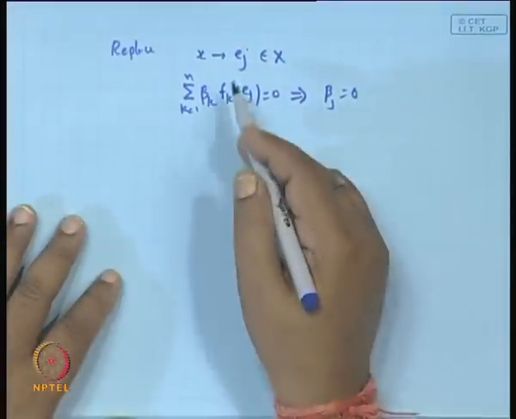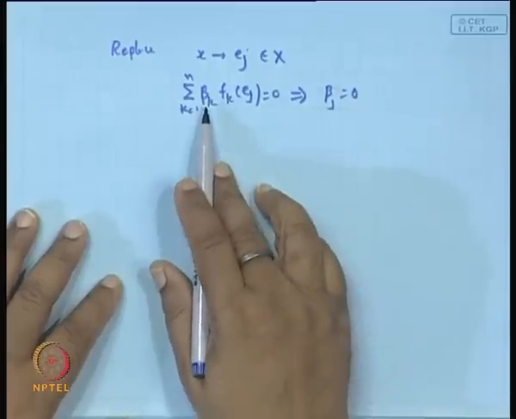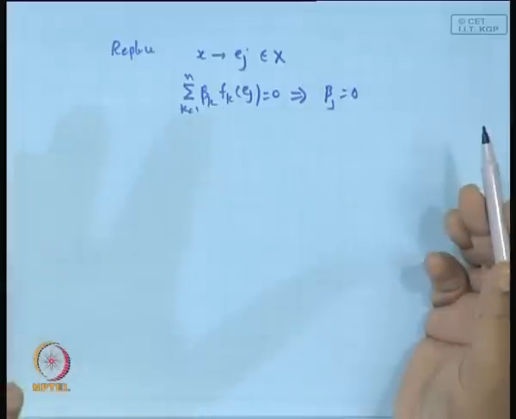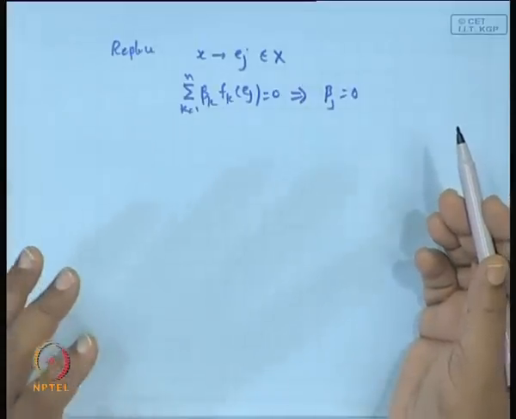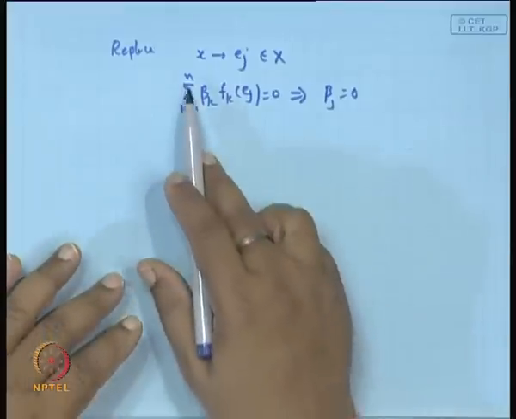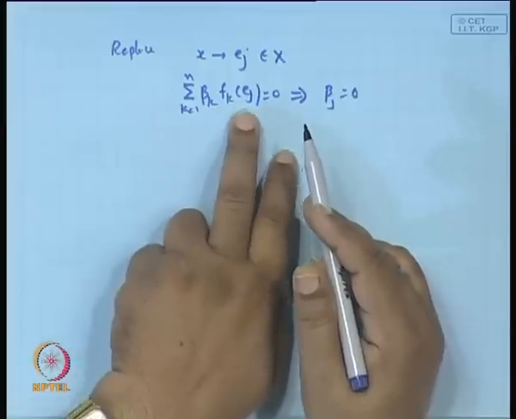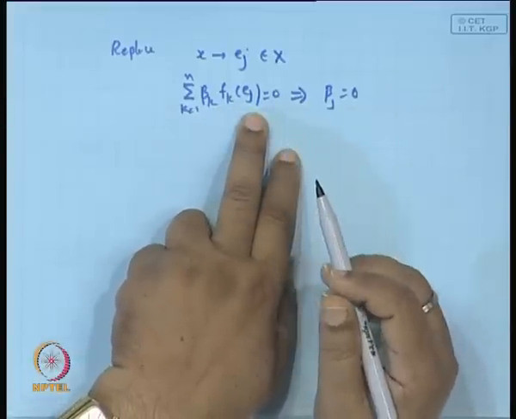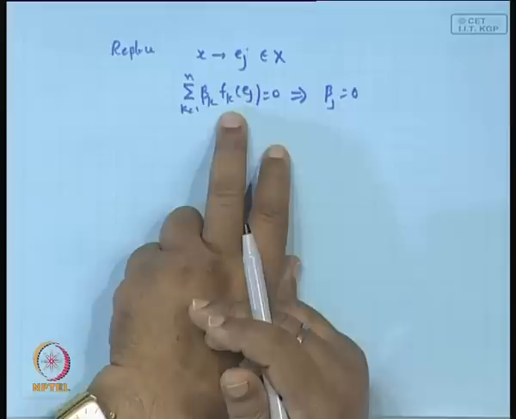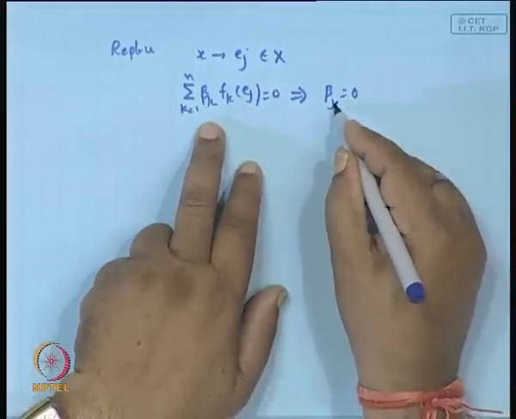It means that if I keep on replacing x by E1, E2, En, then all these coefficients beta 1, beta 2, beta n come out to be 0. Is it okay? K is equal to 1 to n. So, when you take here f k Ej, when k equals j, it is 1, otherwise 0. So, it will be equal to beta j, or beta k.